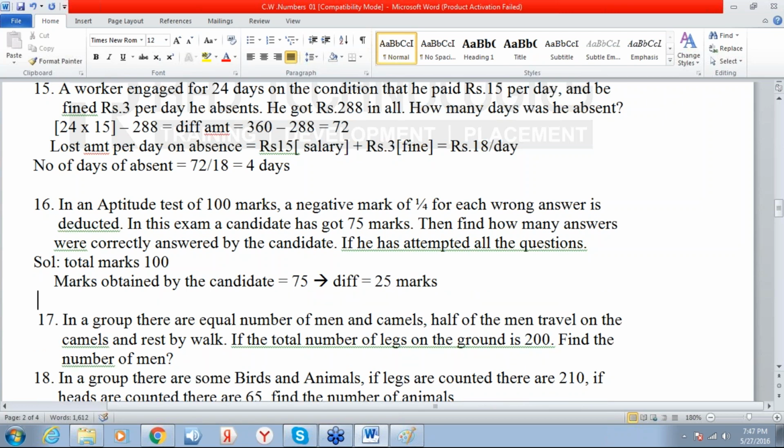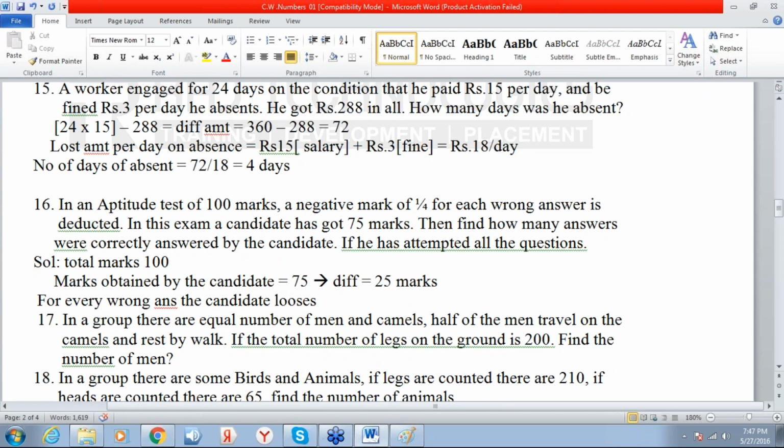So for every wrong answer, the candidate loses 1/4.